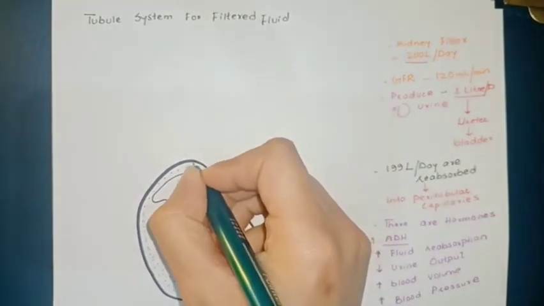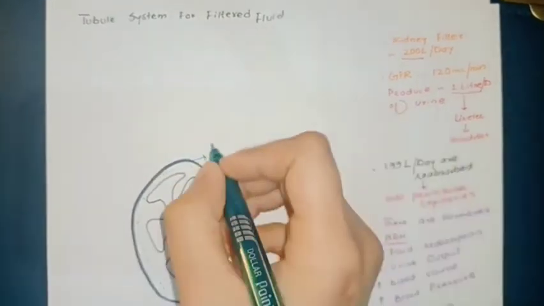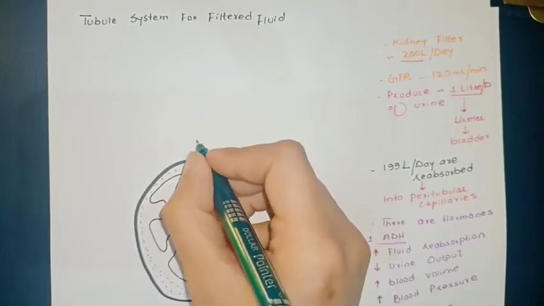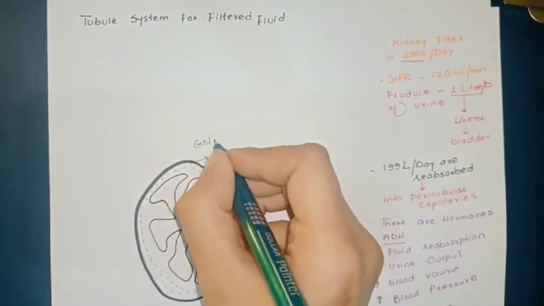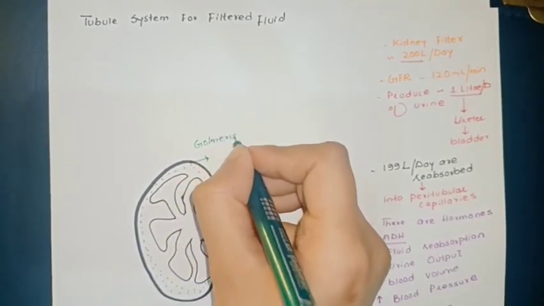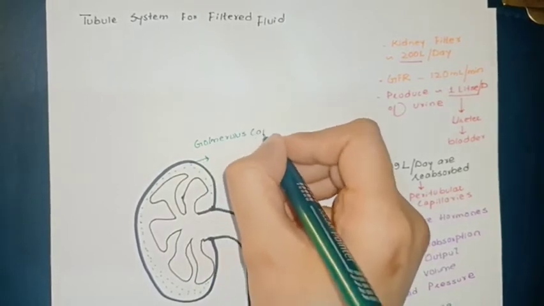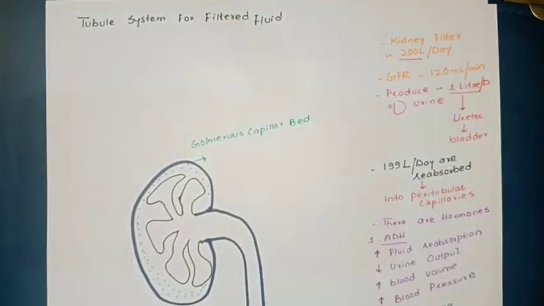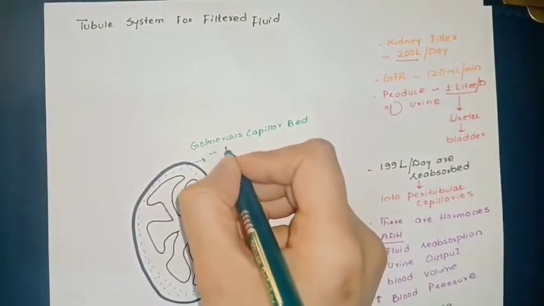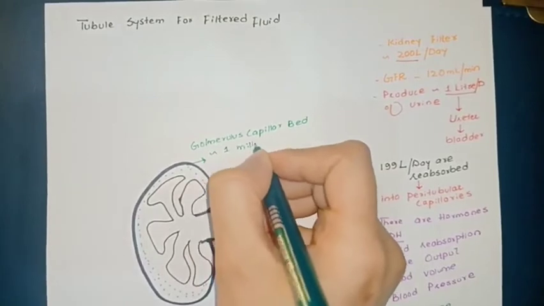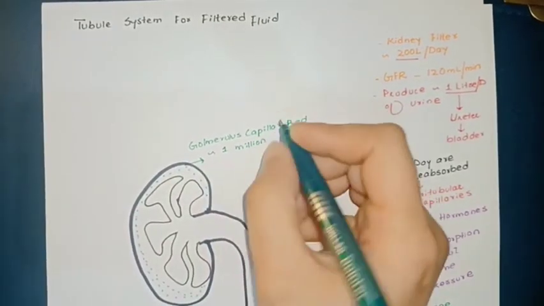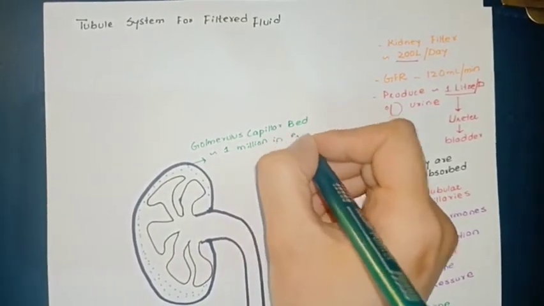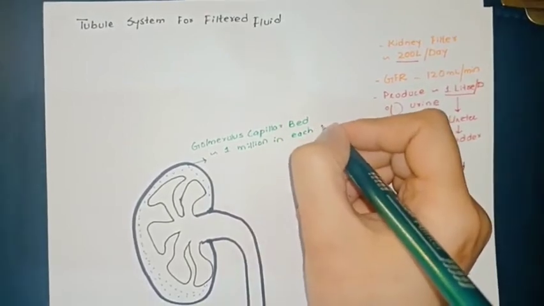What happens here? There are about 1 million in each kidney.